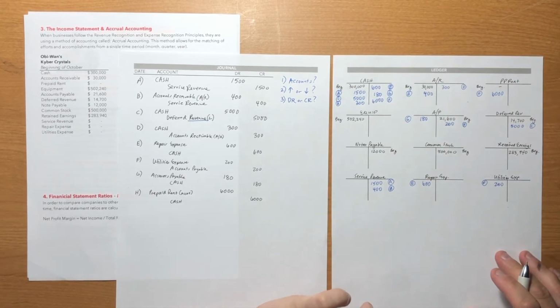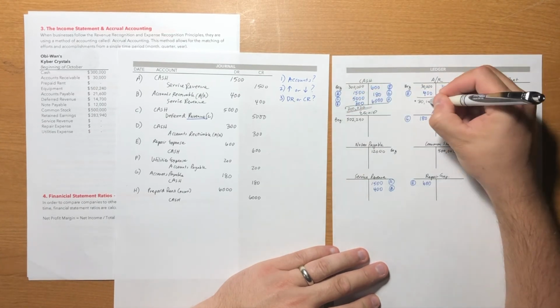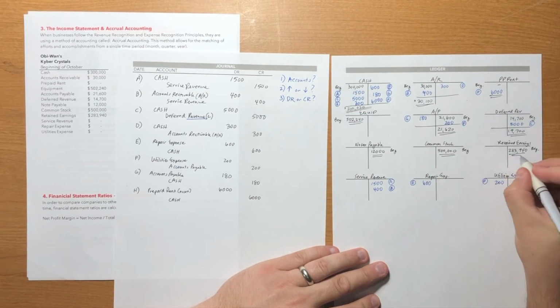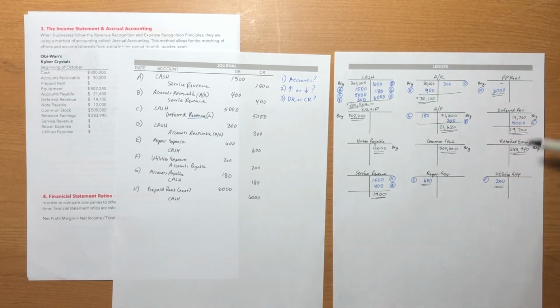Now, once we've moved everything into our ledger, then we can work to find the ending balances for the period. So these are our ending balances, where each account finishes at the end of the period.